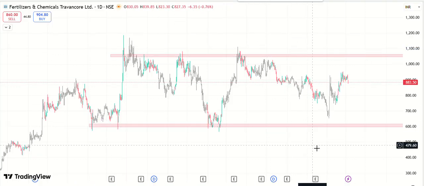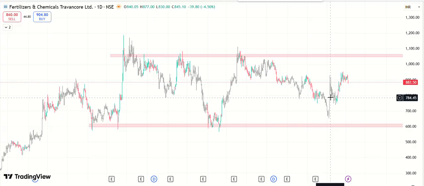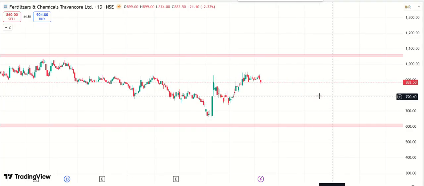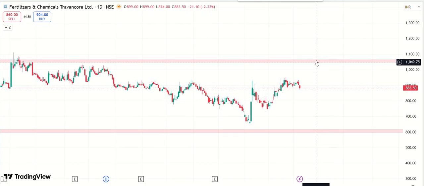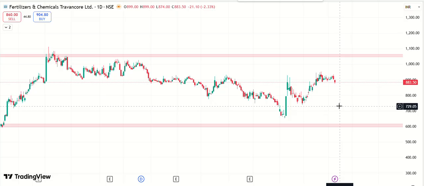It is in the middle of a parallel channel pattern, so I'm not considering this because it is neither at resistance nor at support. We will wait for some period, maybe 3, 4, 5 months, for it to come down or break out. So we're leaving FACT.